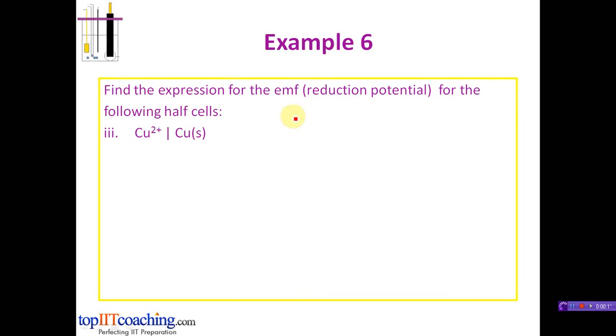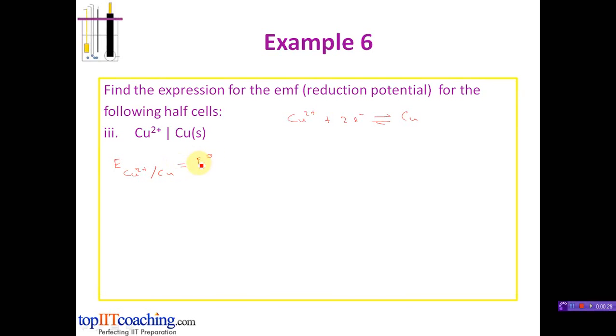This is the third half cell. Again, just like the previous two examples, we are first going to write the half cell reaction, which is Cu2 plus plus 2 electrons will give Cu.